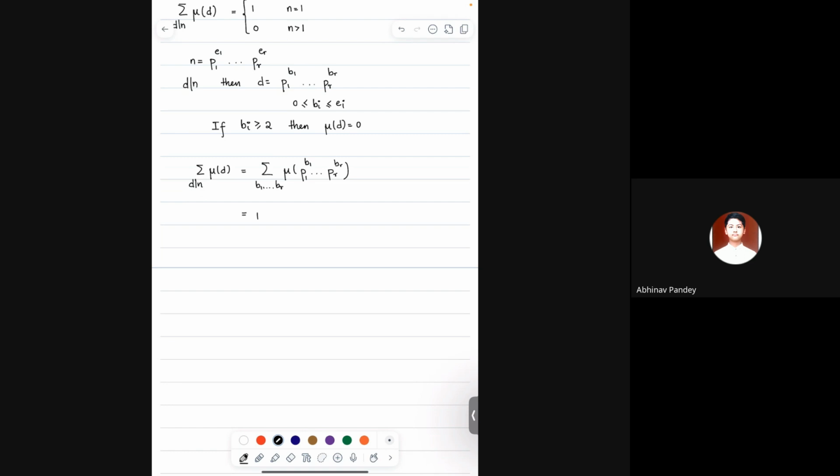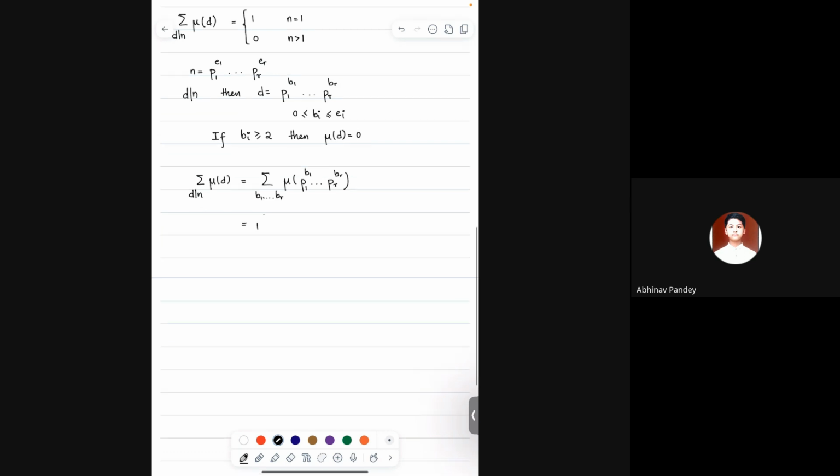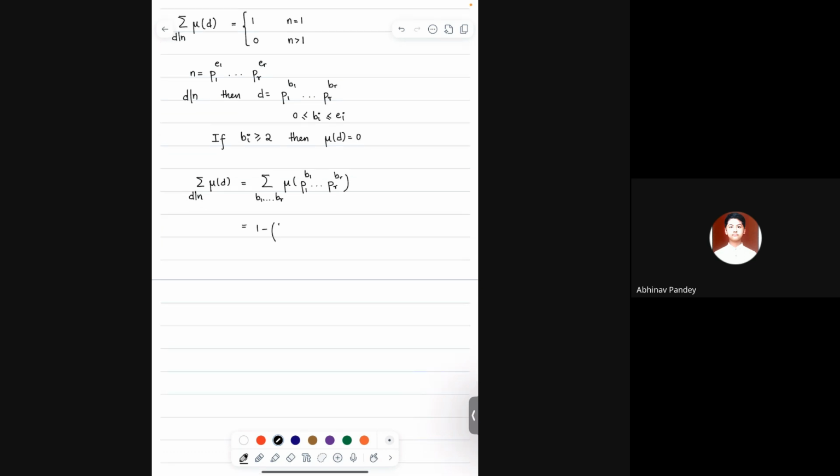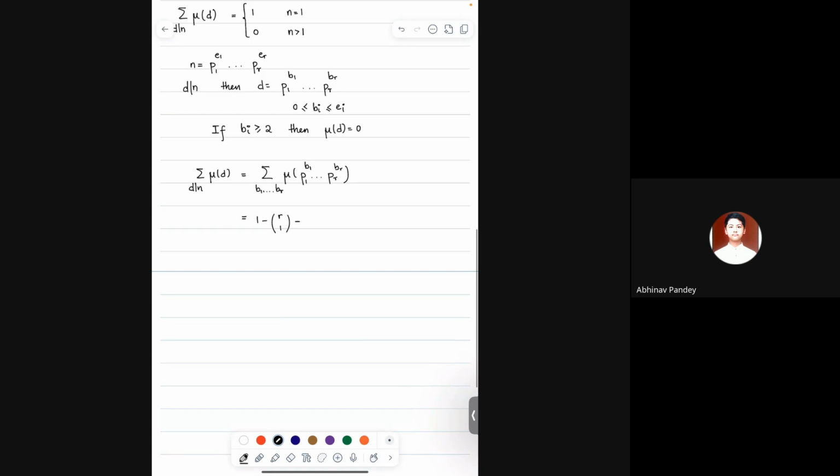I have r many primes, and I'm choosing exactly one prime, so this is minus r choose 1. Now, if I have two distinct prime factors, it's going to come with a plus sign, so it's going to be plus r choose 2. And you continue this up to minus 1 to the r, r choose r. You have chosen a divisor where all the prime factors arise exactly once.